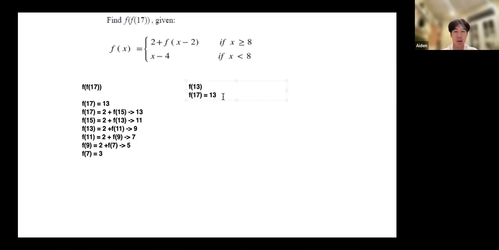Essentially now we're looking for f of 13. If you look at the steps we did earlier, you can see that we already have an answer for f of 13, which is 9. And so that would be our final answer.